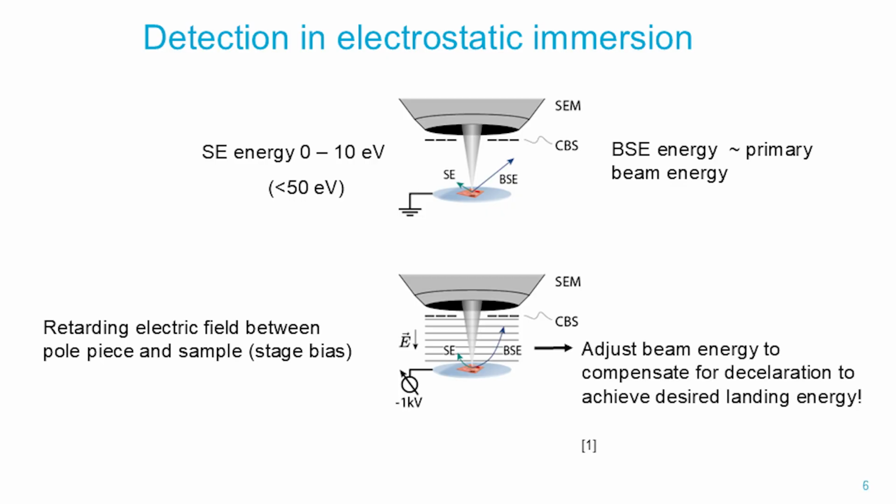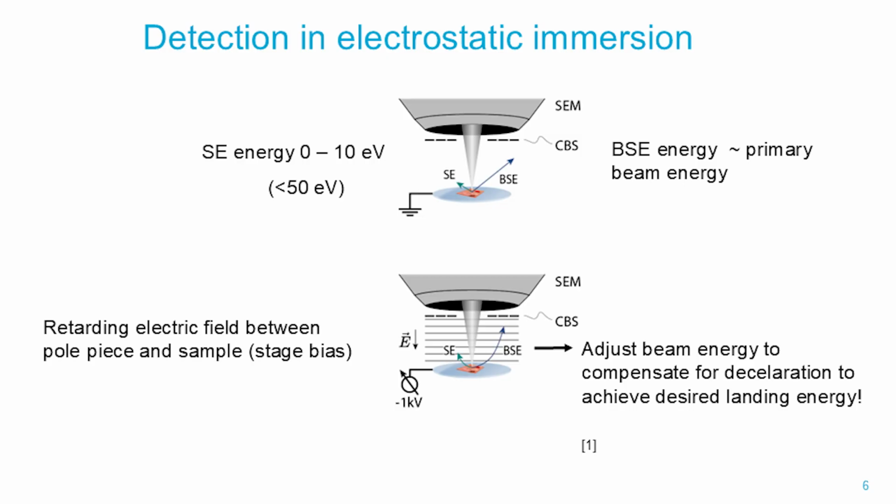Now in the case of electrostatic immersion, this is different because the electrons are still decelerated when they exit the pole piece and are on their way to the sample. So if we want to have a 2 kV landing energy and we have a 1 kV retarding field, the electrons should exit the objective lens with an energy of 3 kV, they are further decelerated and then interact with the sample with 2 kV.